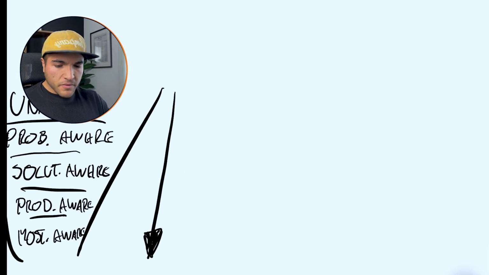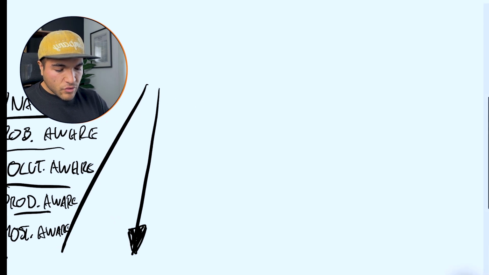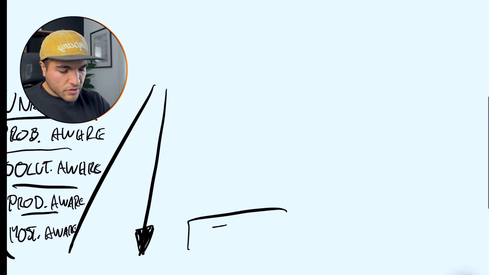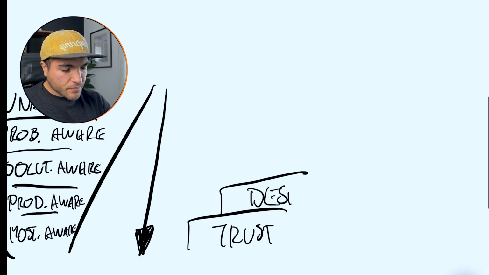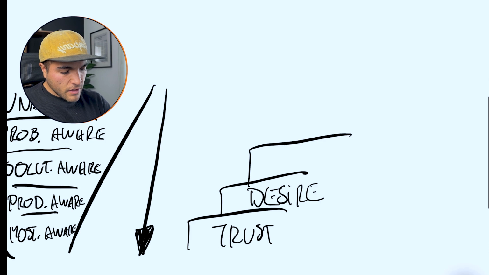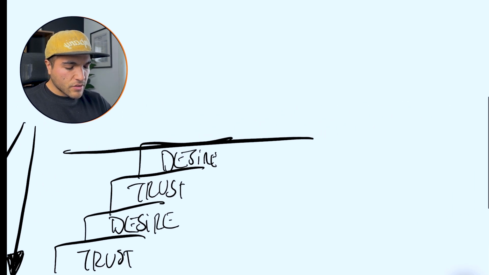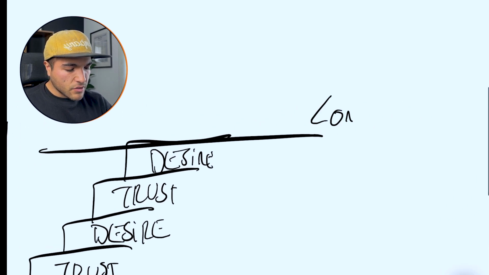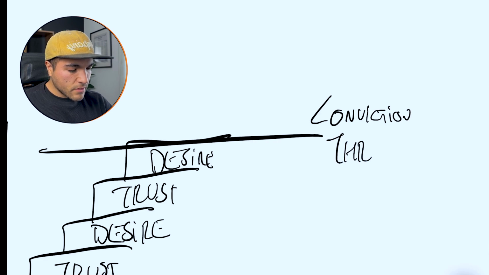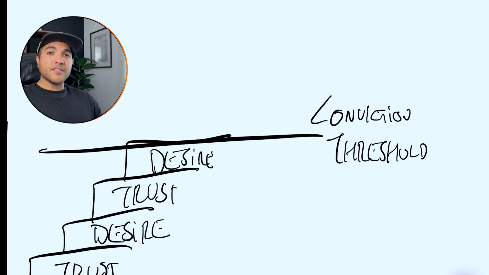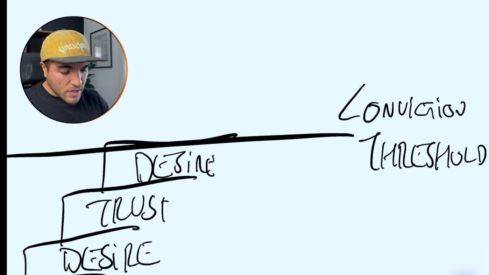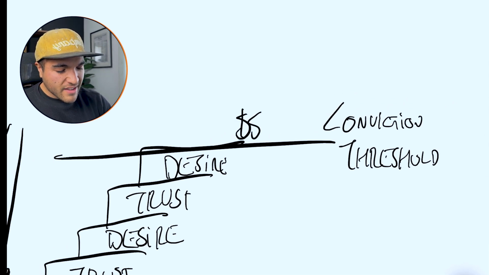To move the sales forward and to build conviction, we have to stack trust and desire, and more trust, and more desire, until we cross the conviction threshold, which is an invisible barrier, but a very real one, which we have to cross before we get the sale.